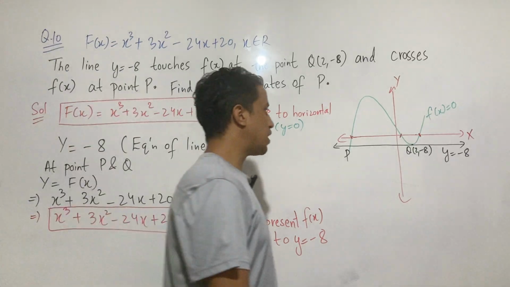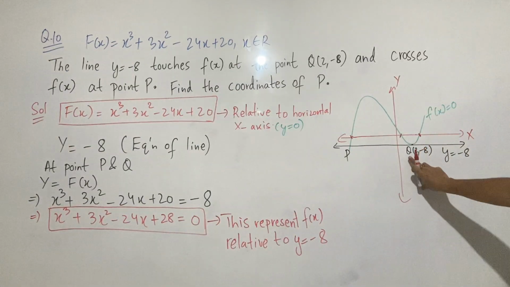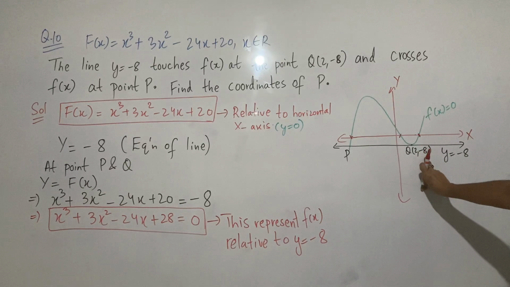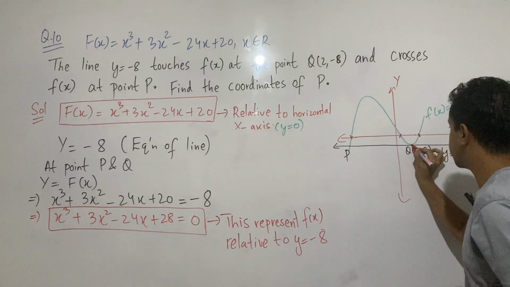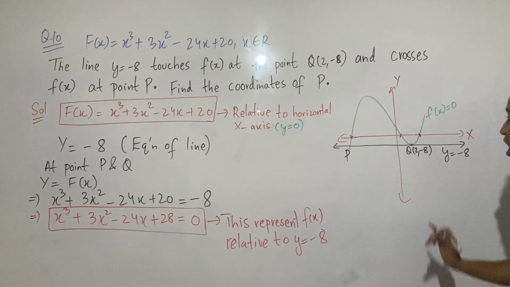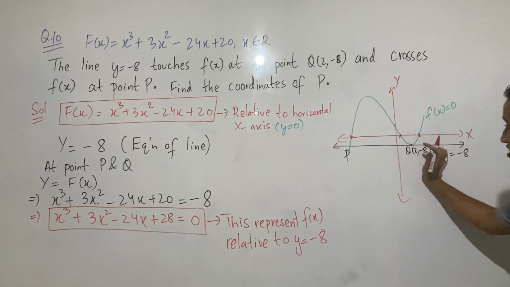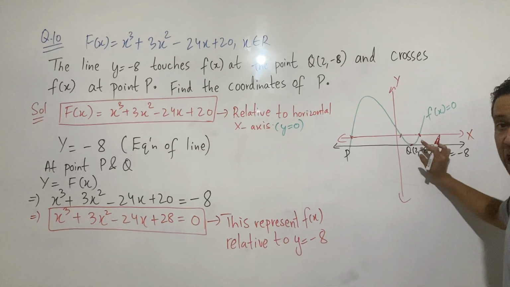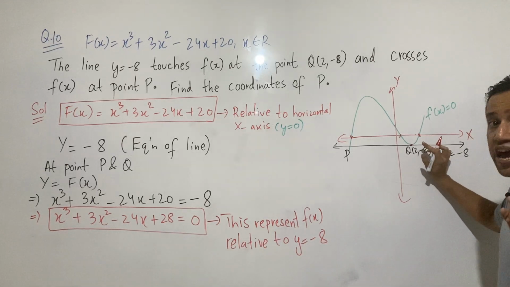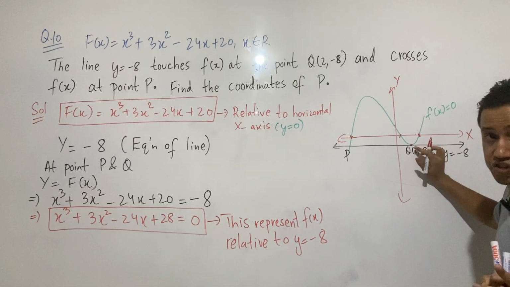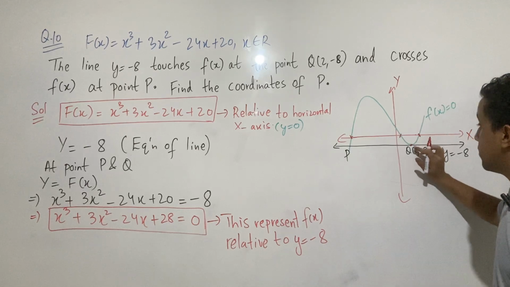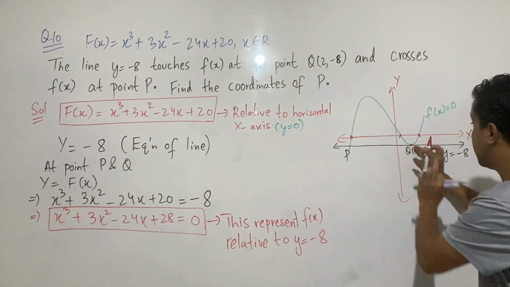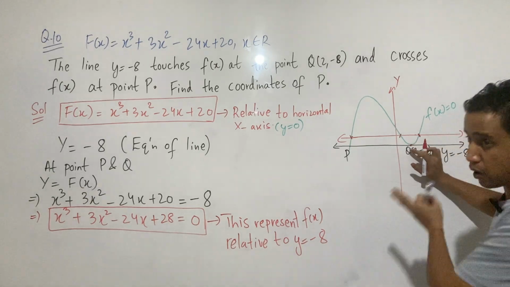Now, at this point, I know that the coordinates are (2, -8). So what does this point represent? This point represents that here the graph has a solution, a repeated solution. Okay, why? Because it is just touching the line and bouncing over.